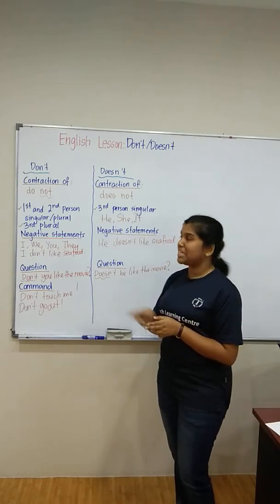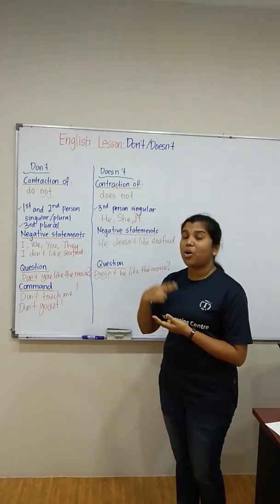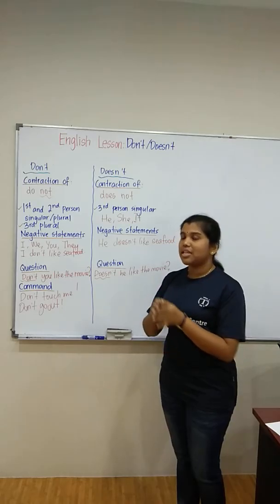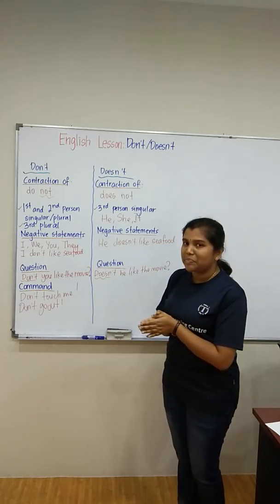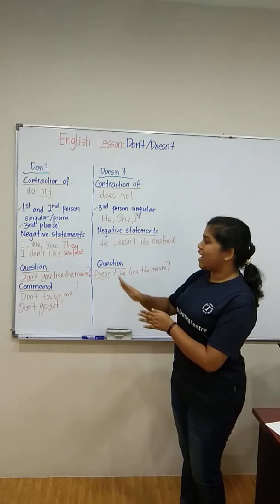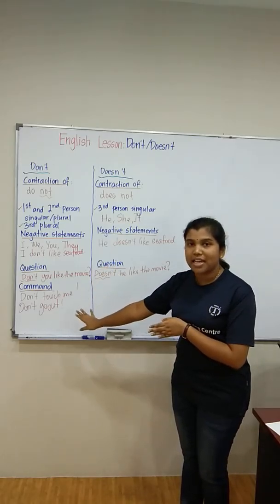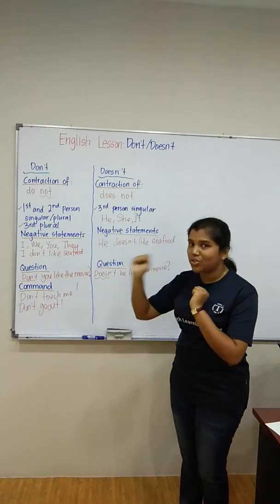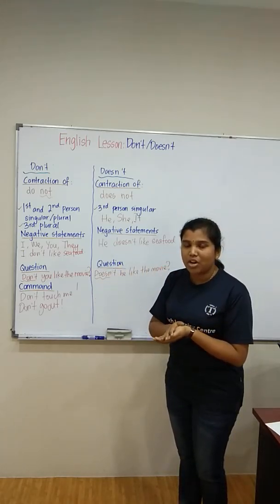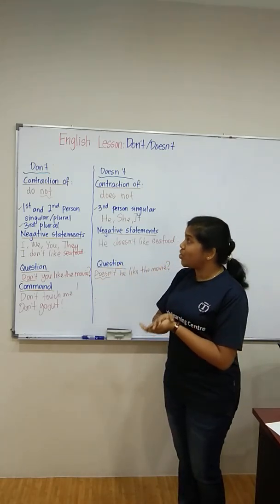But on the other hand, doesn't always goes with third person singular. And if I need to use a command, I can't use doesn't for my command. I can't use doesn't to give instruction or to give an order or to give a warning. I can only use don't to give a command.